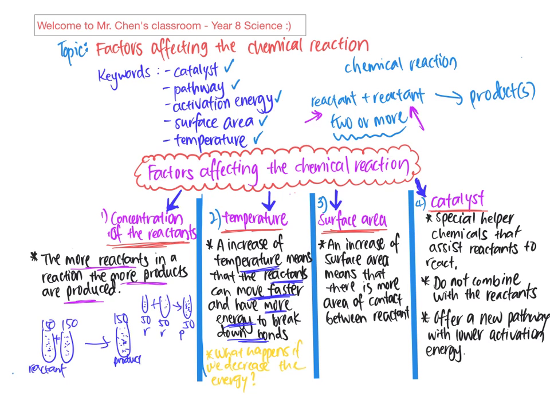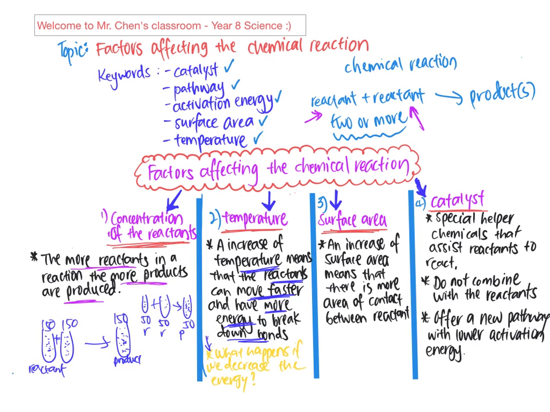On the other hand, think of this yellow colour one. What happens if we decrease the energy? What happens if I use ice cold water instead? Will there still be any oxygen formed? If there is, would it still be as quick or slow? That's something to think about.